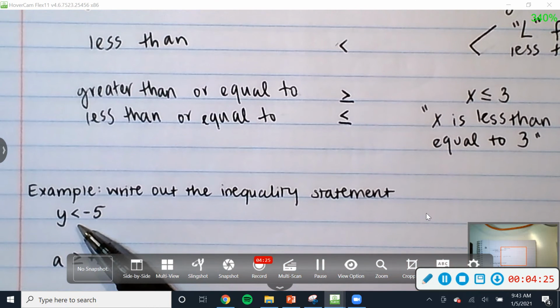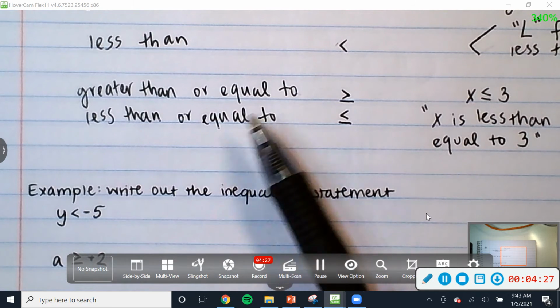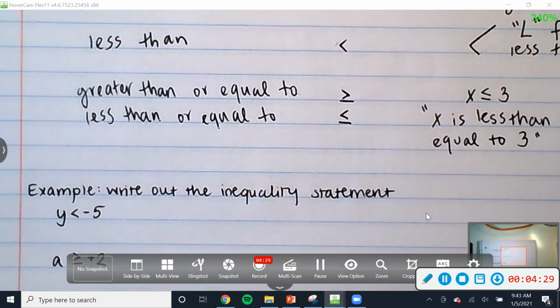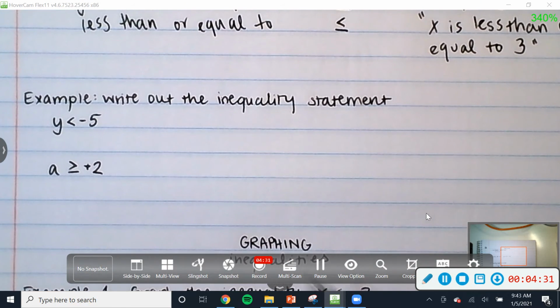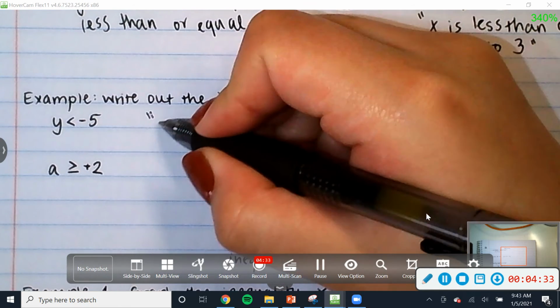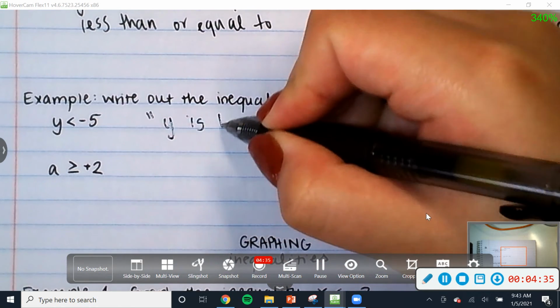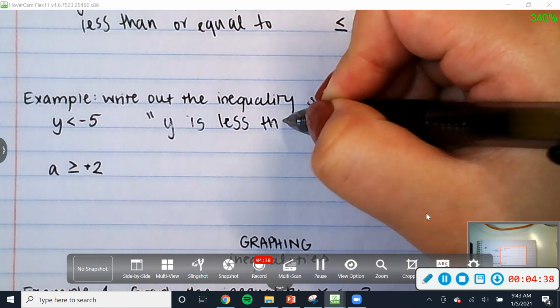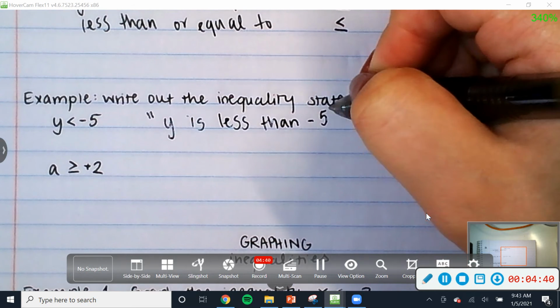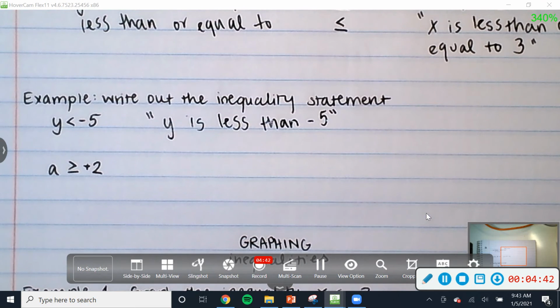You can look at the notes to help you remember. This one, in this case, looks like the less than. So if we were to say this out loud, how we would say it is y is less than negative 5. So that means that we don't know what y is, but we know that it's less than negative 5.